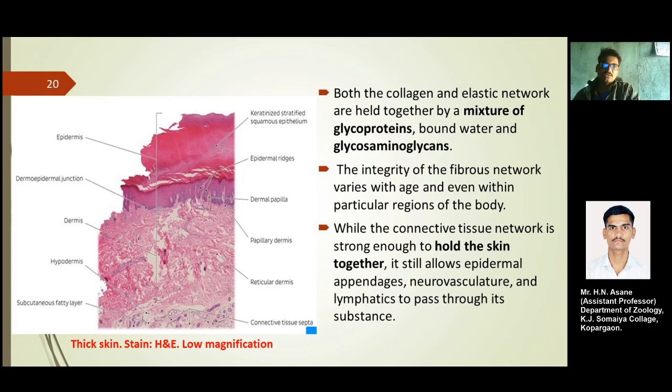As you can see, keratinized stratified squamous epithelium cells are composed together to form the epidermis. And the second layer, that big layer, is the dermis layer.